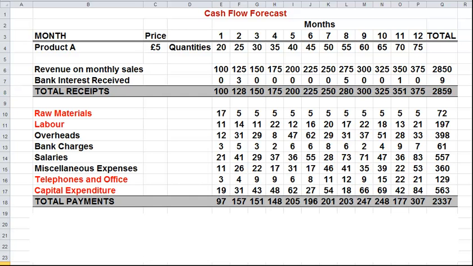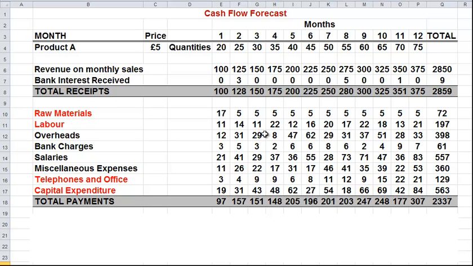Now, let's say the business has outgoings, as most businesses do. And in this case, it has raw materials, labour, it's got overheads, bank charges, salaries, presumably different to labour, miscellaneous expenses, telephone and office, and capital expenditure.